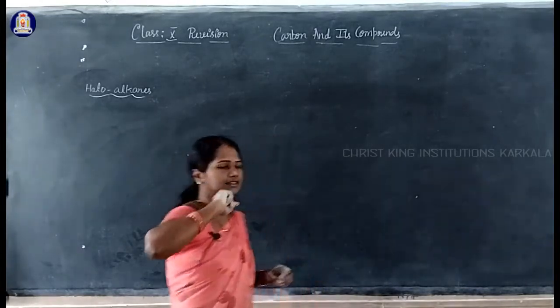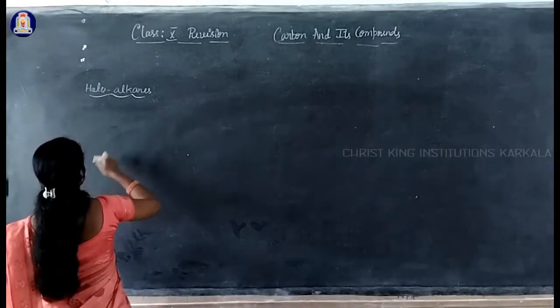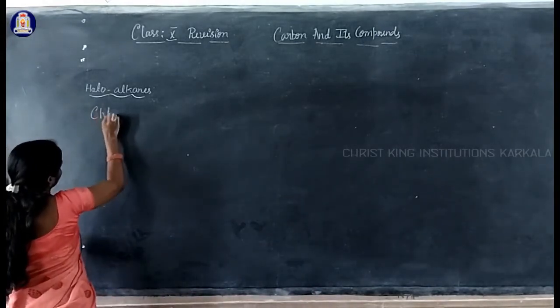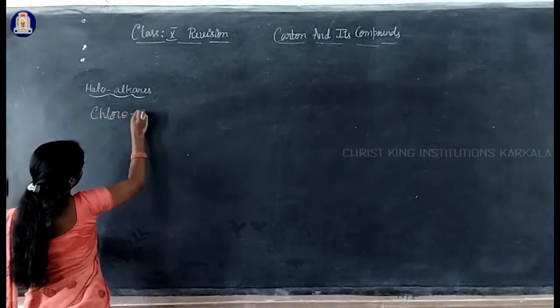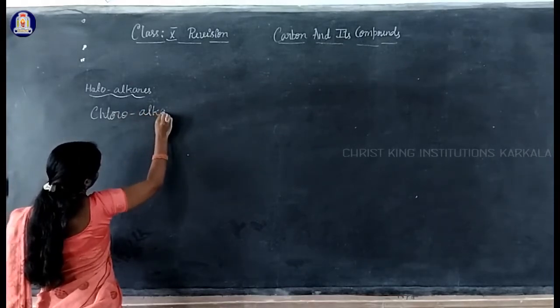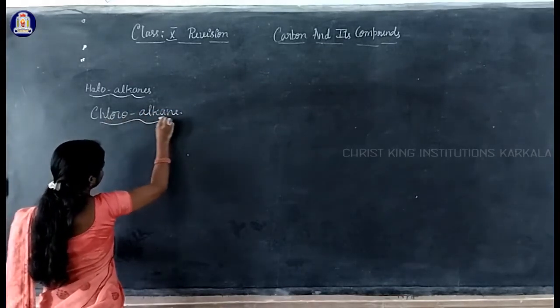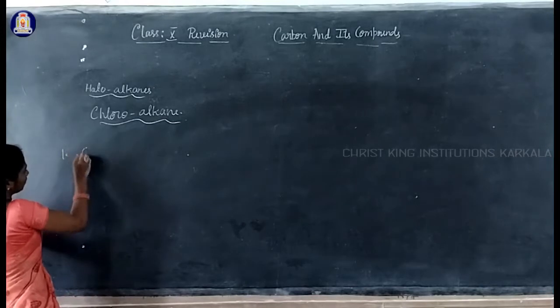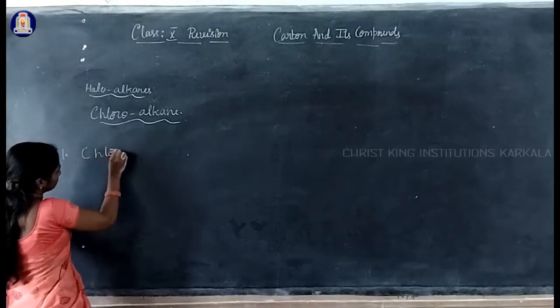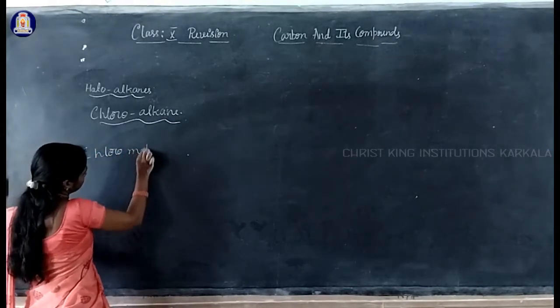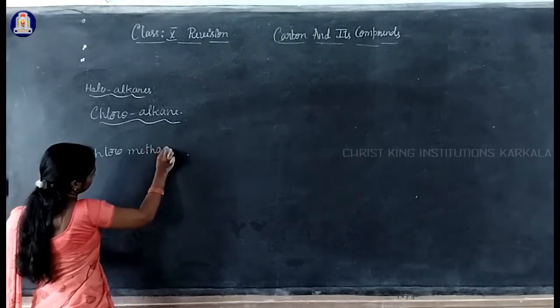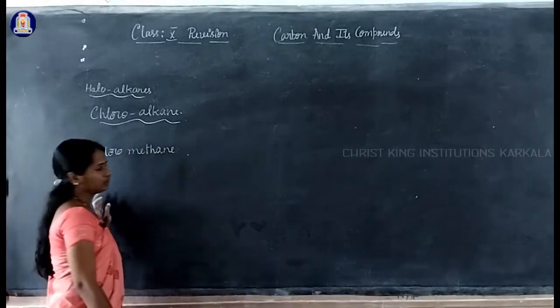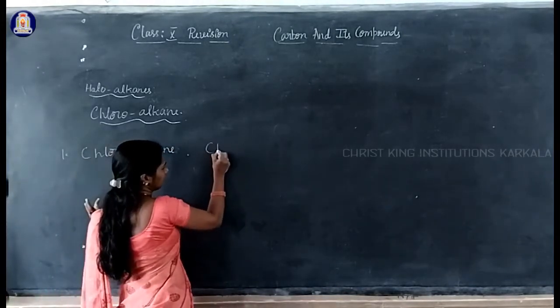If you take the example of chloroalkane, I take the first compound, chloromethane. Chloromethane: methane has the formula CH4.